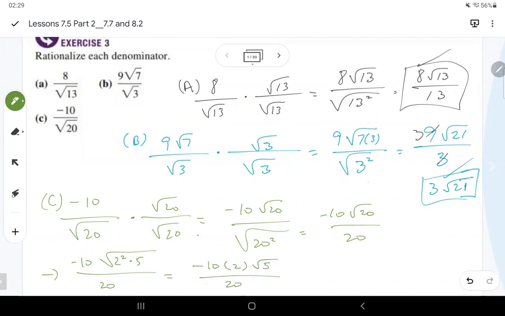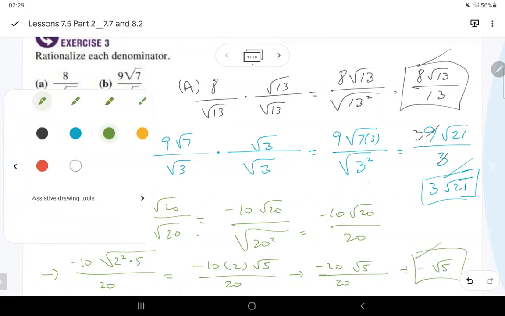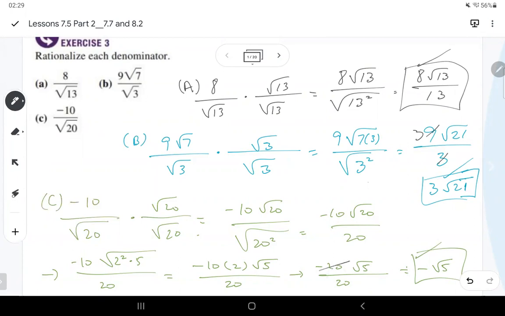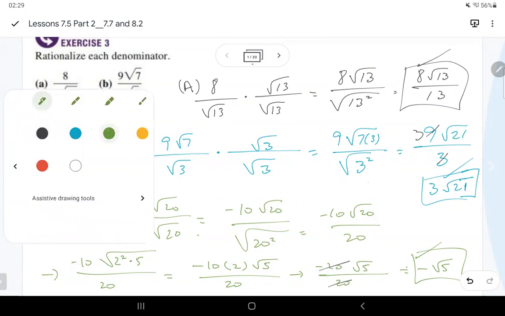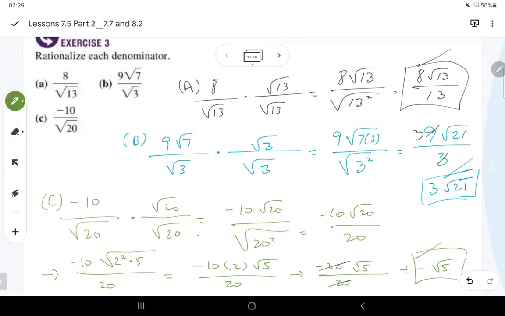The 20 and the negative 10 times 2 are going to cancel. And we're going to be left with negative square root of 5 as our answer there. So these cancel, or reduce, rather, if you look at it that way.